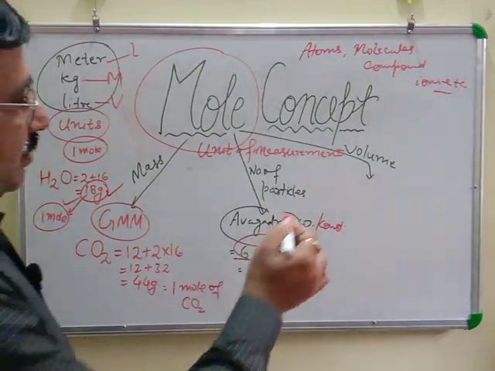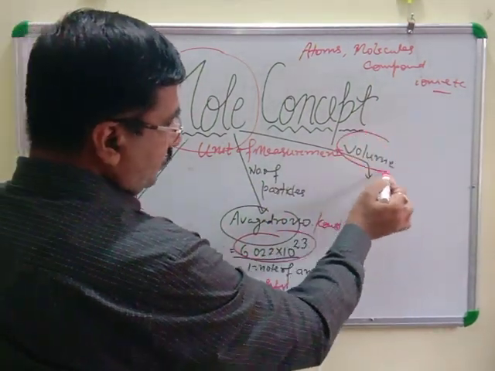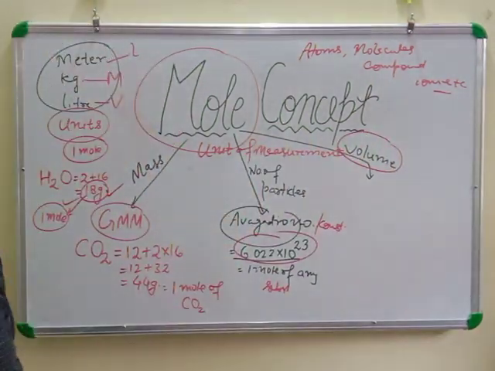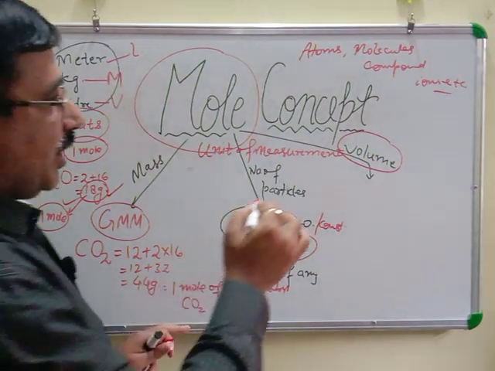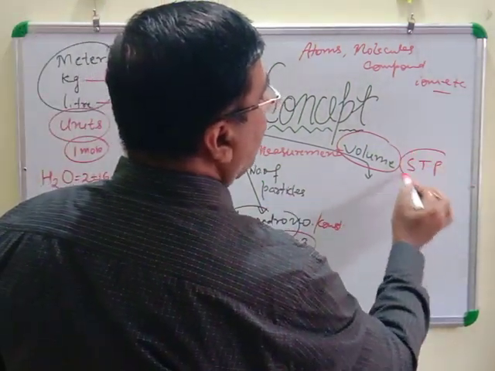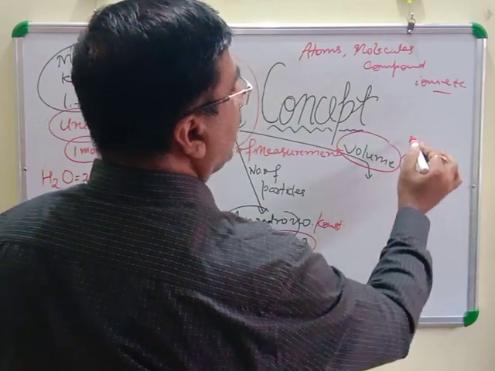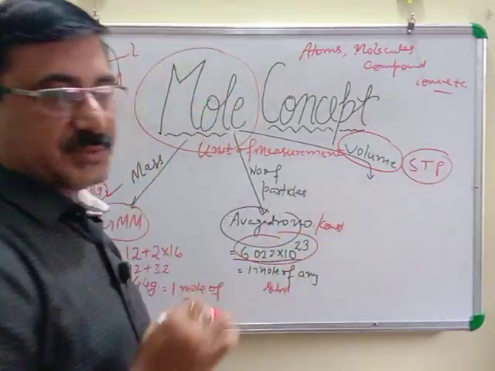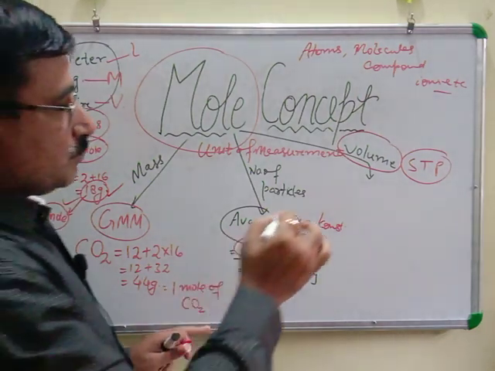Third, I have written volume. Let me tell you children, for volume we have to take always a condition called STP, that is standard temperature and pressure. What is it?